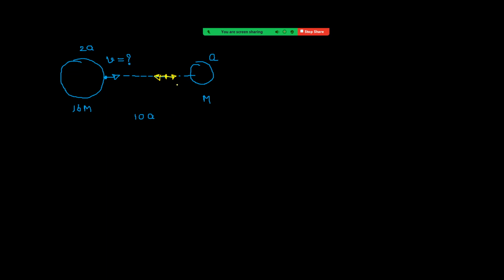See carefully once. Suppose this point is at distance x from the center of the smaller one. Because of the smaller one, force is G M m by x squared. This force should be balanced by, so I am equating their magnitudes, G 16M m by (10A minus x) whole squared.